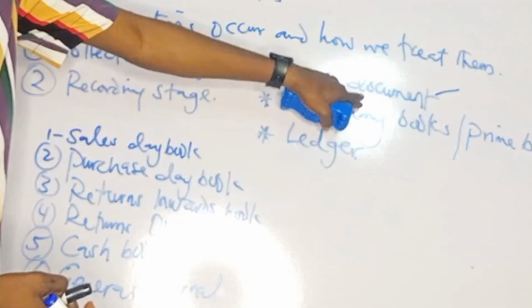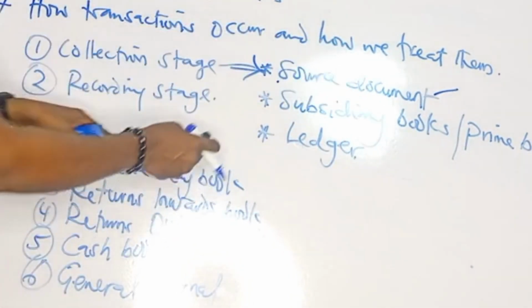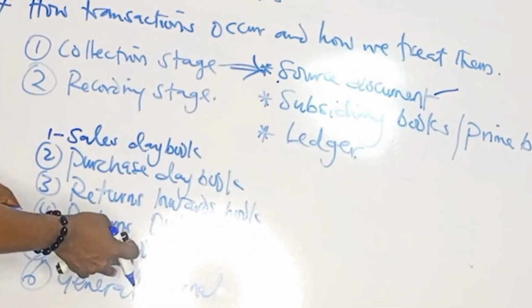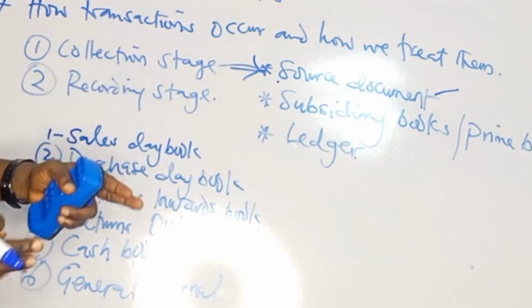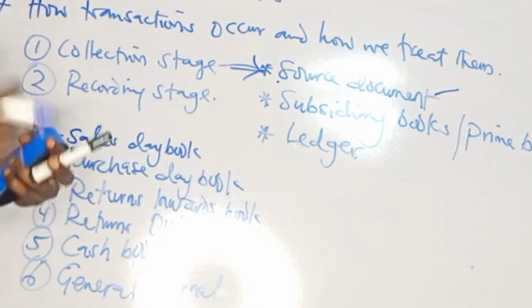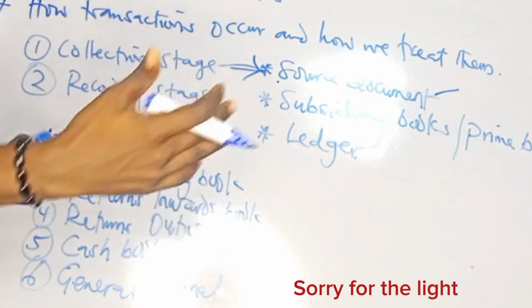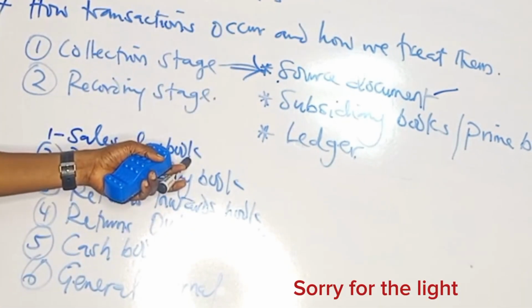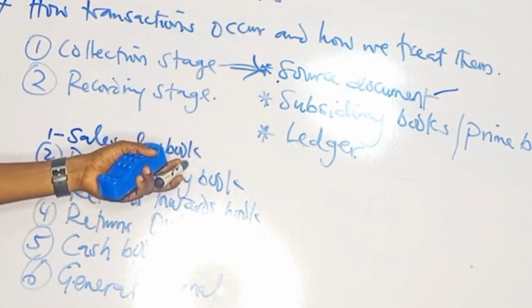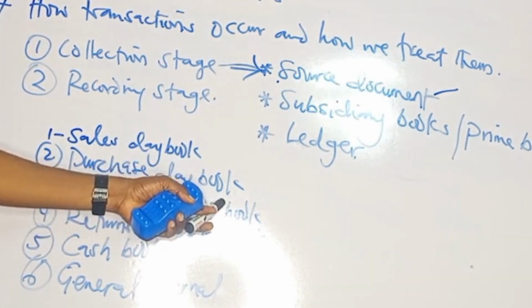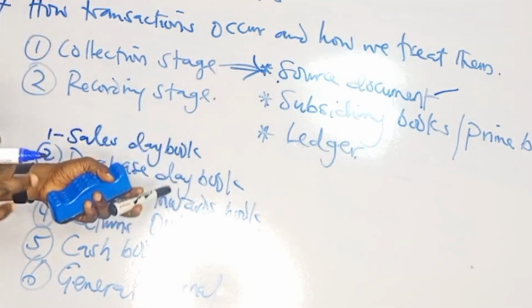So from the source documents, the entries are now taken to their various subsidiary books. The sales day book is used for recording goods sold on credit. In the purchase day book, you record goods bought on credit.